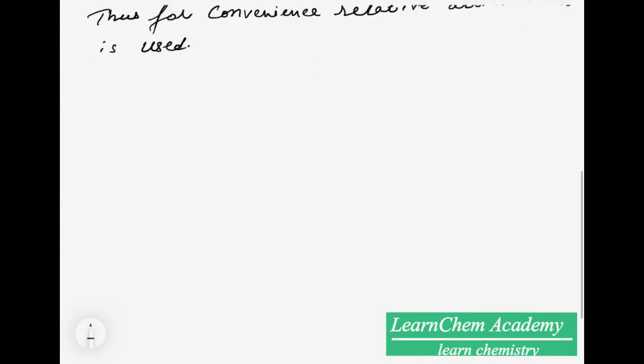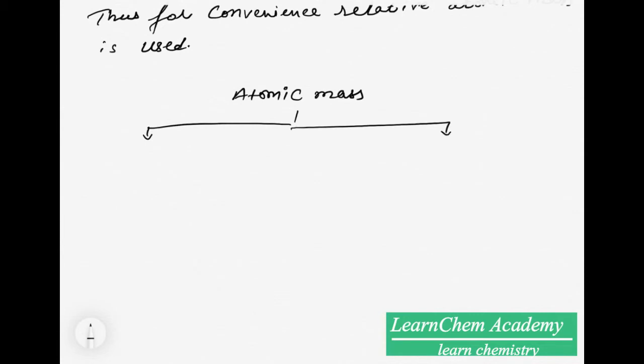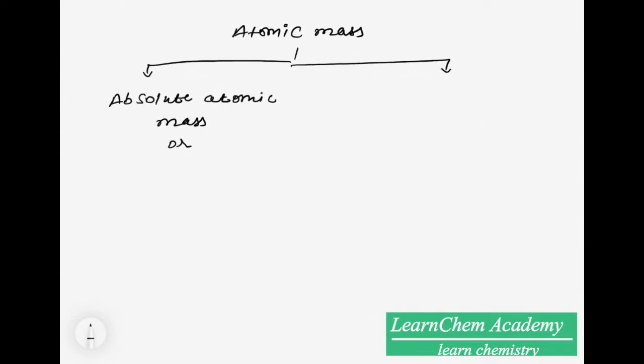Further, if we classify atomic mass, we can categorize it in two categories. The first one is absolute atomic mass, or we can say actual atomic mass.